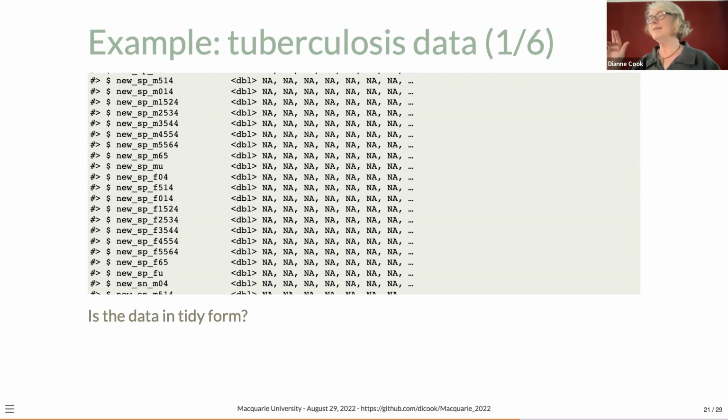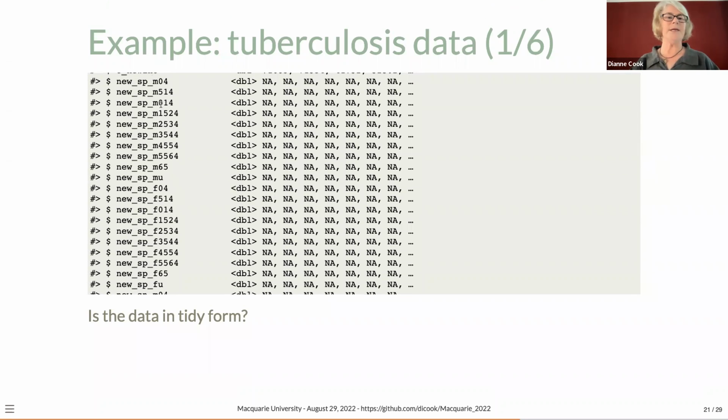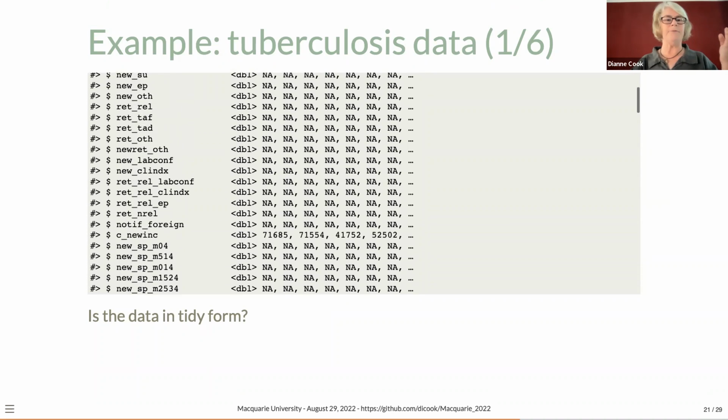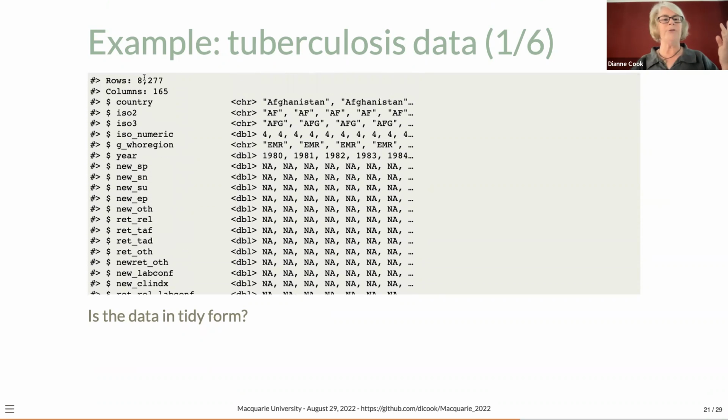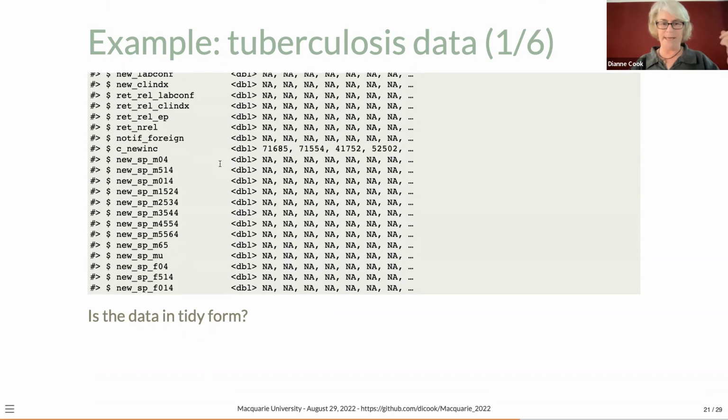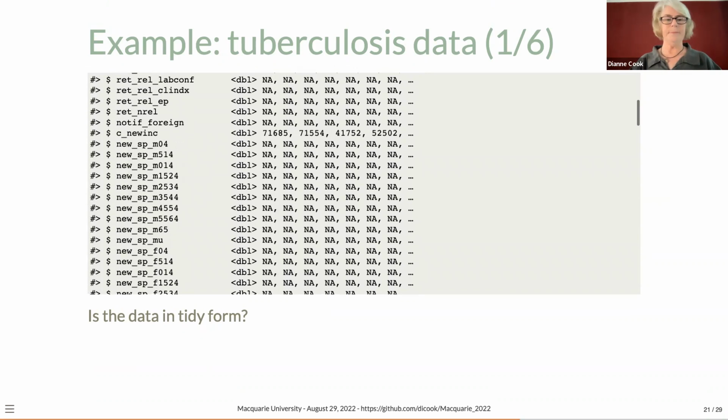F and M usually mean gender or sex. Good, that's one. What about the numbers? Age, yeah, age category. So the columns in here correspond to variable information. So the variables that we are primarily interested in are the country, the year, and then sex and age group. That's it. All righty, so we need to first get the data into that shape.